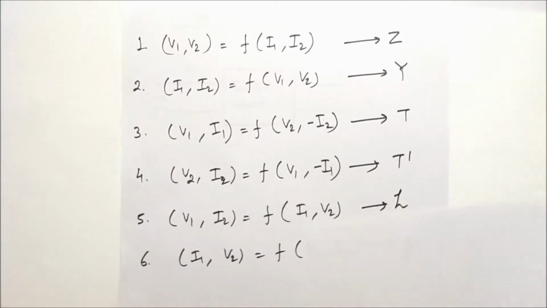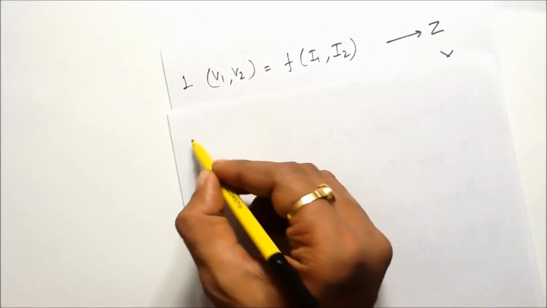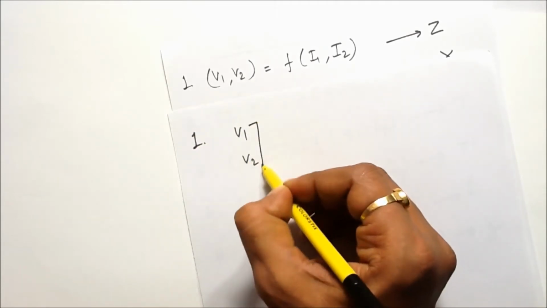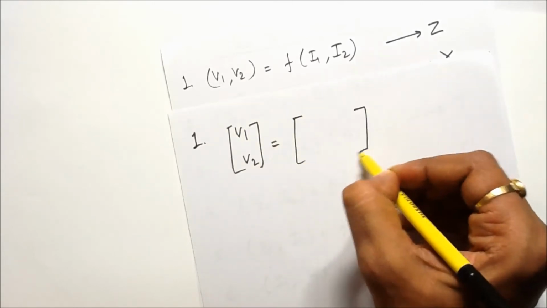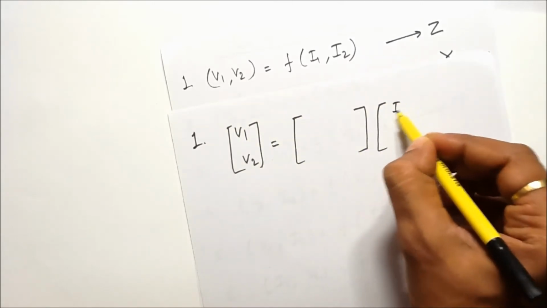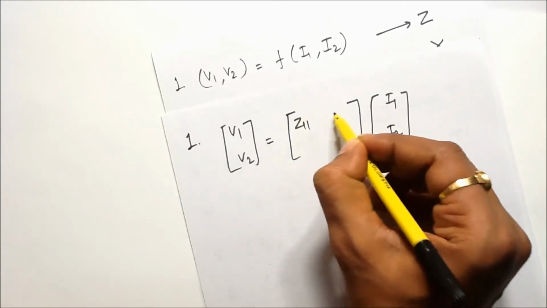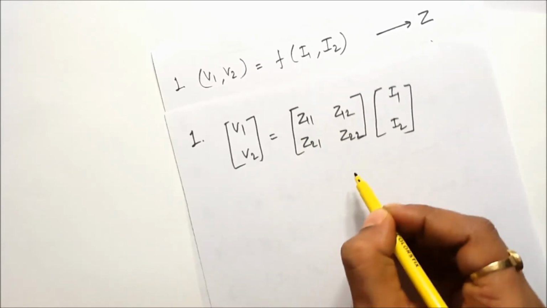Let us understand the meaning of the equation number 1. Equation number 1 in matrix form can be written in this way. V1, V2 is the function of I1, I2. This will be Z11, Z12, Z21, Z22.